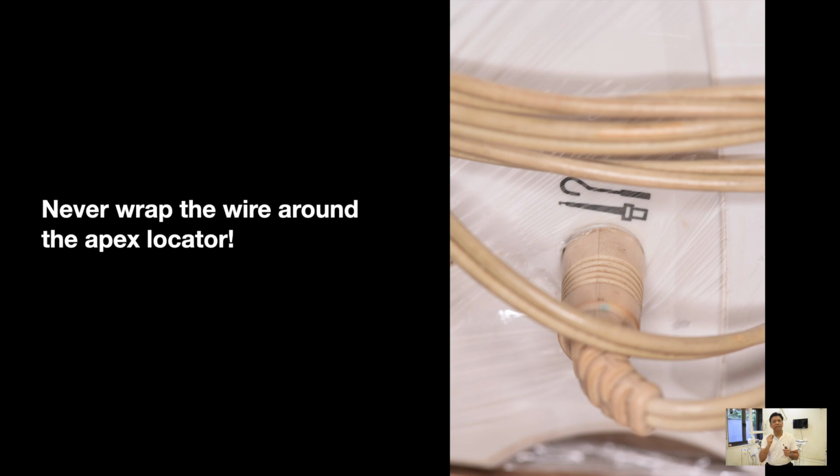What happens here is that where the wire connects to the apex locator, a lot of tension is created, and there is a possibility that the internal circuit might get disturbed, or the copper fibers inside the wire might break, and then eventually we are wondering what went wrong. So never coil the wire around the apex locator. Once your job is done, just remove it from the apex locator and keep it aside. Do not roll it, do not make any coil of the same.